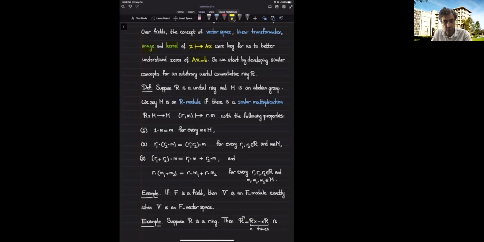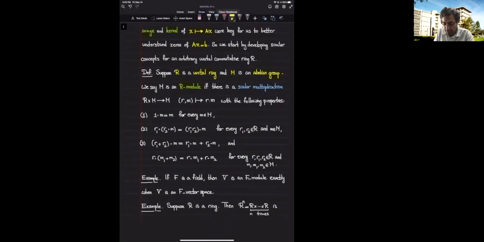So let's go slower. Suppose R is a unital commutative ring and M is an abelian group. We say M is an R module if we have a scalar multiplication with the set of scalars R over the abelian group M. We often denote this scalar multiplication simply by rm with no dots, but for today's lecture, I'm going to emphasize the dot.